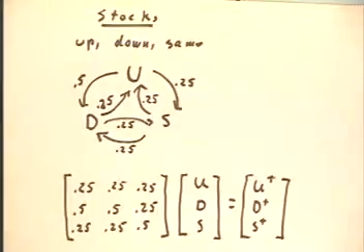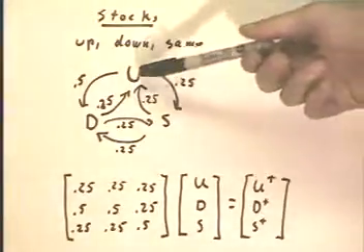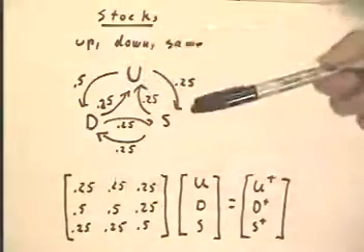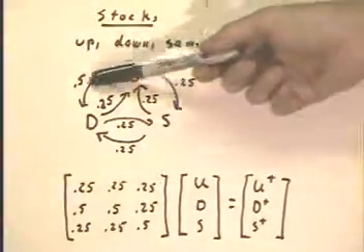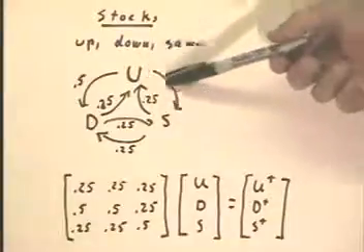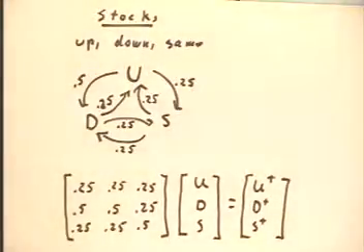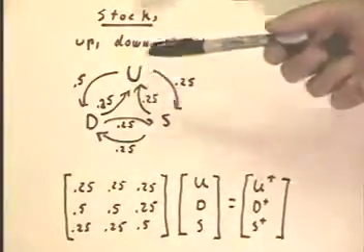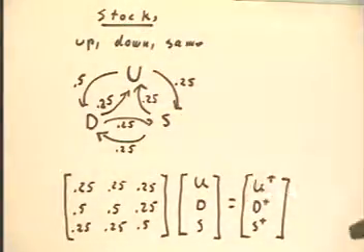Now if, given that you're up today, there's a 0.5 probability you'll be down tomorrow and a 0.25 probability that you'll be the same. This, of course, implies that there's a 0.25 probability that you'll remain up.